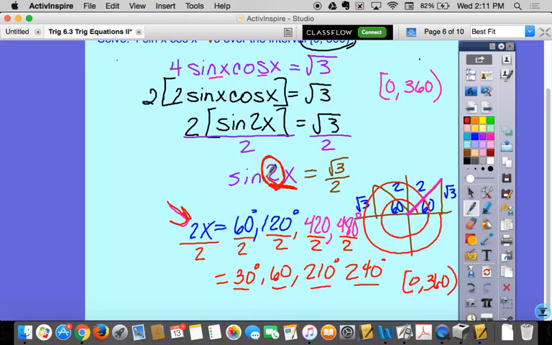So if we were ever looking at something like sine 5x, you would need to circle around 5 times and write them all down, and then when you divide by 5, you get them all. So you just have to put a little thought into that. Oops, I was trying to write with an eraser. There we go.